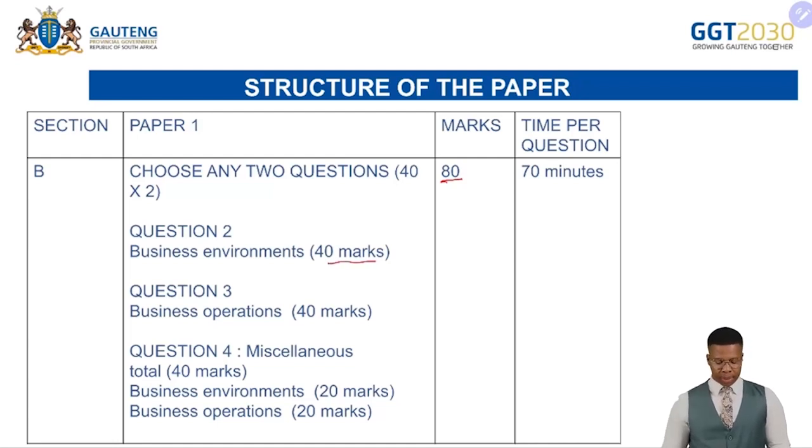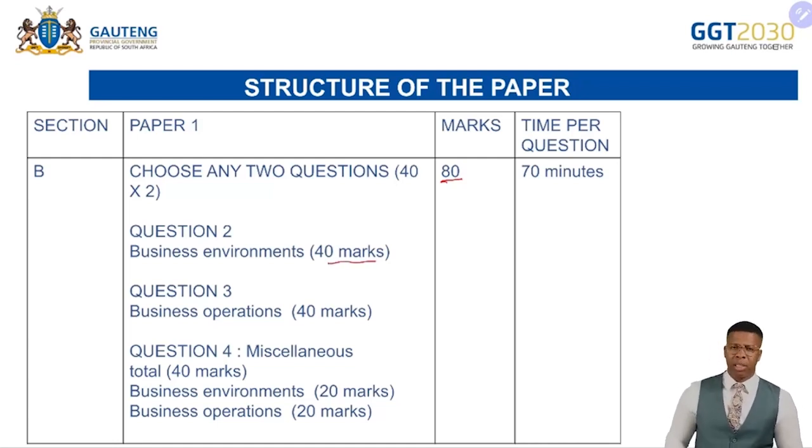And then question 3, you'll be having business operation, which is likely to be the easiest to choose, because with your business operations, you only have 2 subtopics under that main topic, which is your quality of performance and human resources. And then you have 40 marks as well. And then with question 4 now, you have miscellaneous, and the total as well is 40 marks.